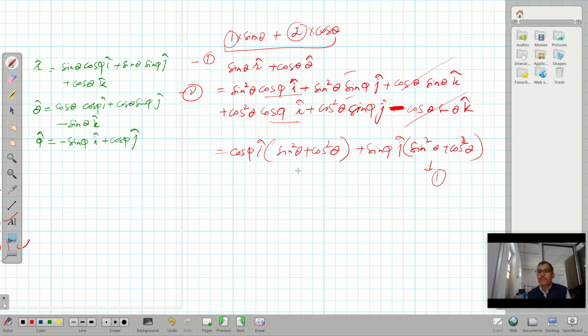This is also 1 and this is also 1, so it is equal to cos of phi i cap plus sin of phi j cap. So this relationship we have used here.